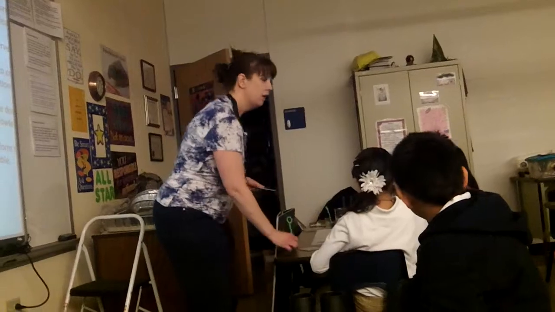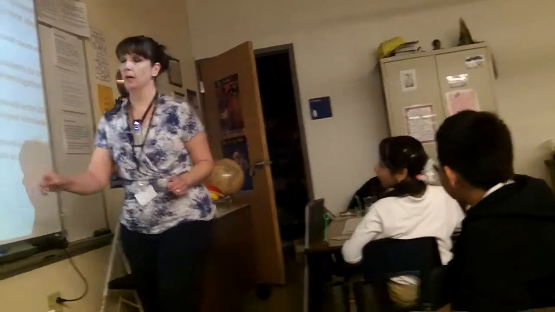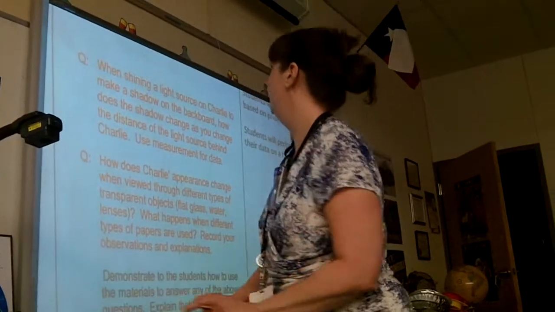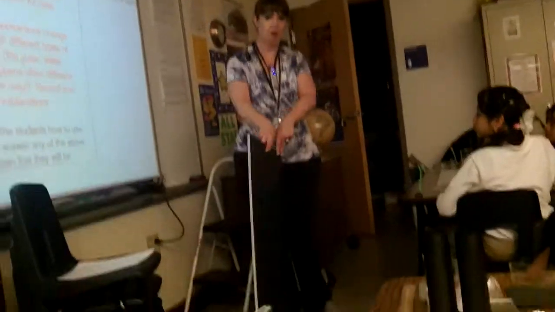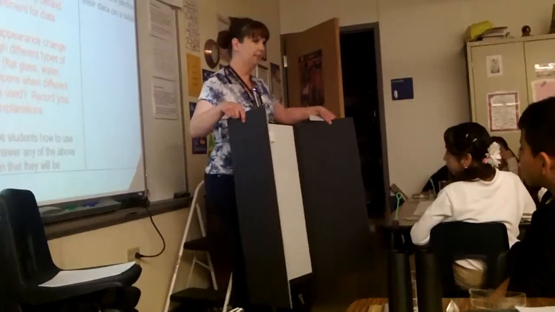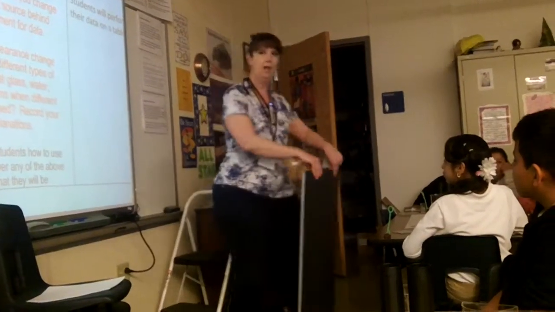So that's one investigation you can do: how does the angle of the mirror affect how many of Charlie's reflections? Okay, a second choice might be this one. When shining a light source on Charlie to make a shadow on the backboard, this is your backboard. You're going to have it opened at your table. You're going to be shining everything on here so you can see it. Okay?